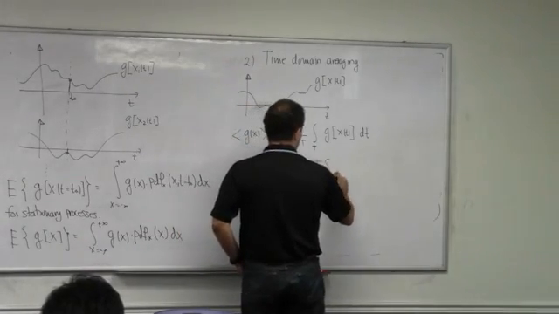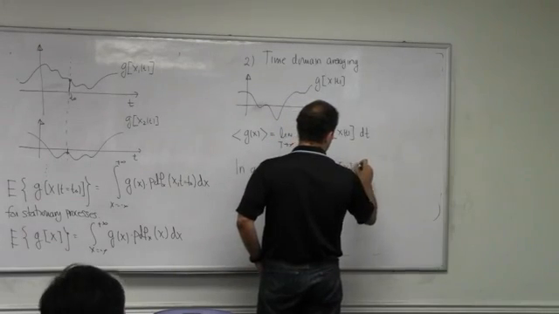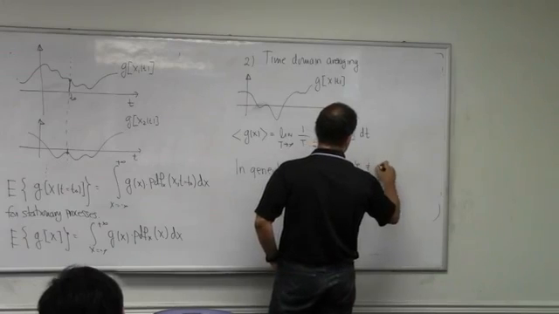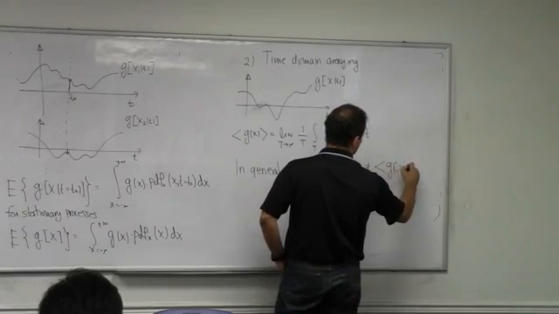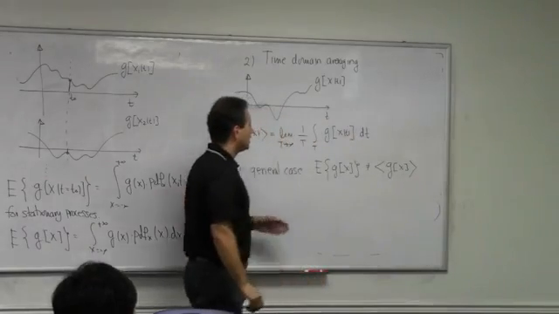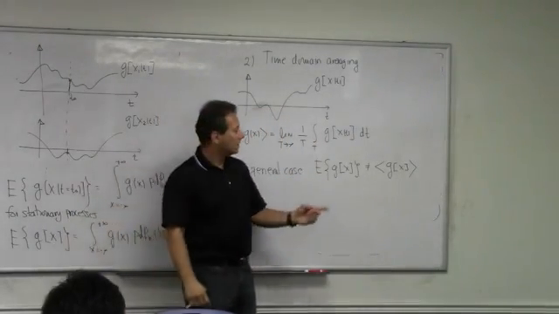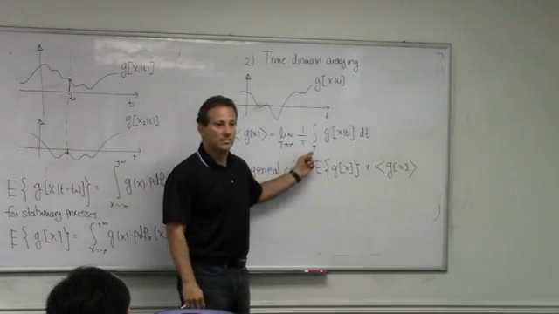However, in some special cases, so in general case, expected value of g of x is different than this value. Right? There's nothing that says that if I average across all possible realizations, it is the same as the averaging over time.